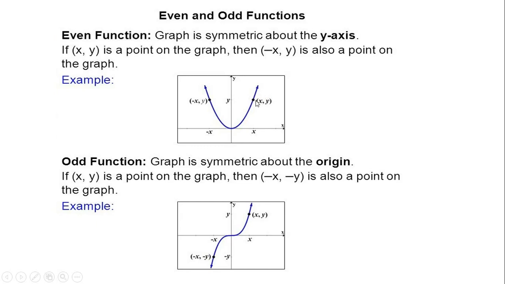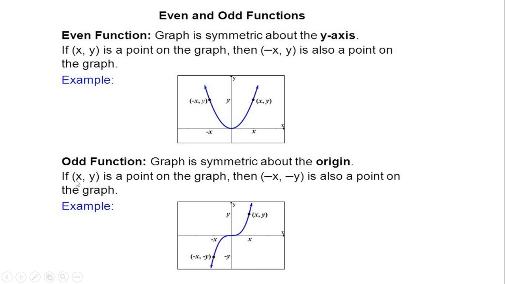Like we have the point on x, y like 2, 3. X value is 2 and y value is 3. With a similar pattern we have the point at minus 2, 3. X becomes a negative value and y is a positive value. Then we have an even function.